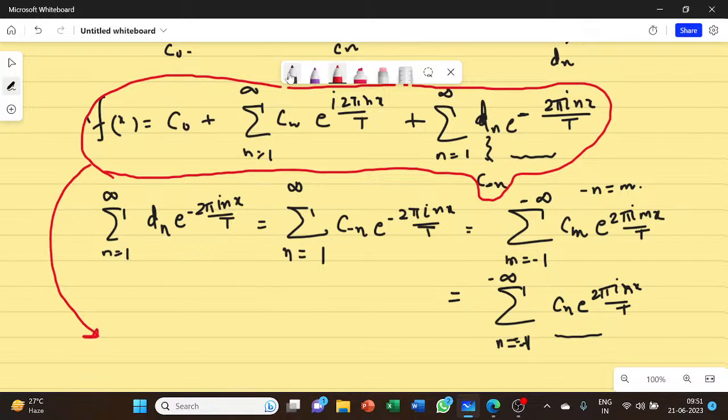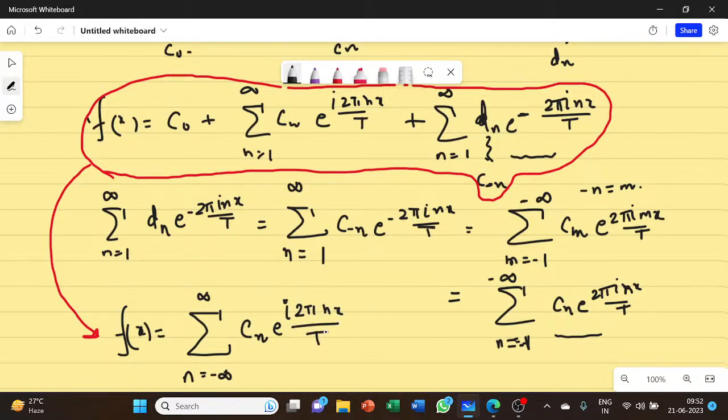I'll simply write that my f of x can be written as summation n equals to minus infinity to plus infinity c_n e power iota 2 pi nx upon T. So in this, everything has been taken care of.